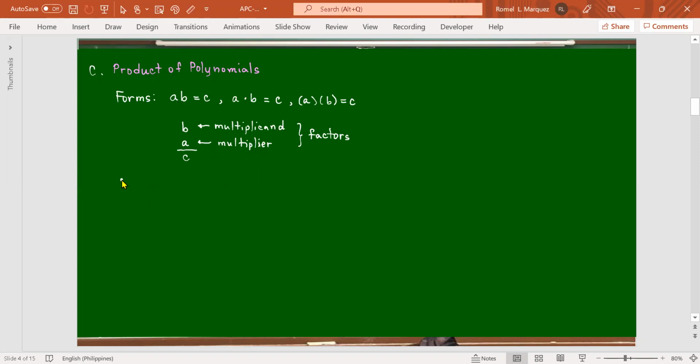Okay, you can apply when multiplying polynomials distributive property. Especially if you are multiplying horizontal multiplication, no? Horizontally. I mean, for horizontal multiplication.